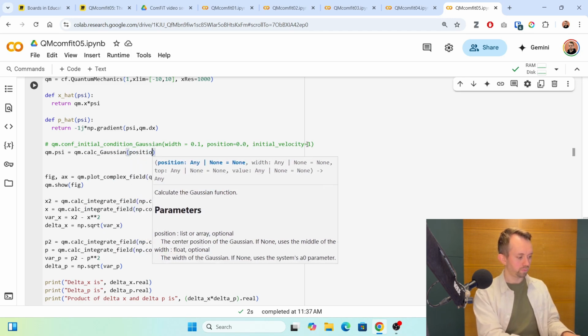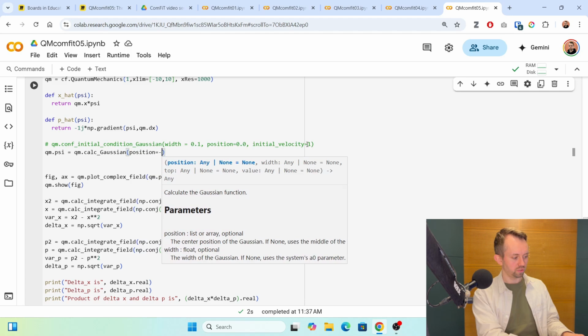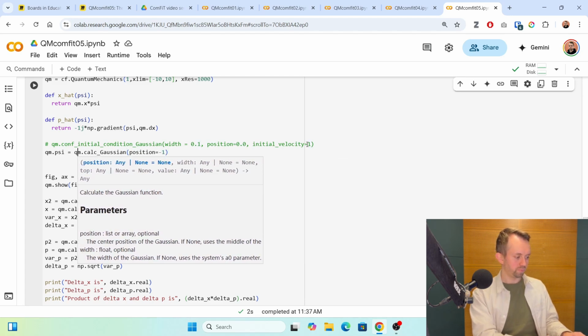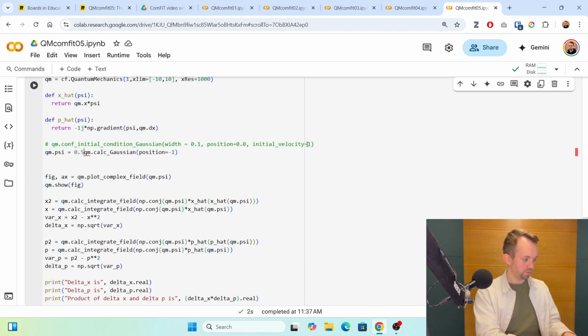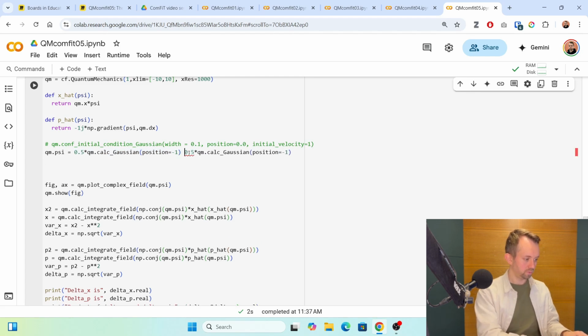So I'm going to put this Gaussian at position -1, and I'm just going to scale it by 0.5 so that it's normalizable. Then I'm going to add a second part of this wave function at position 3.